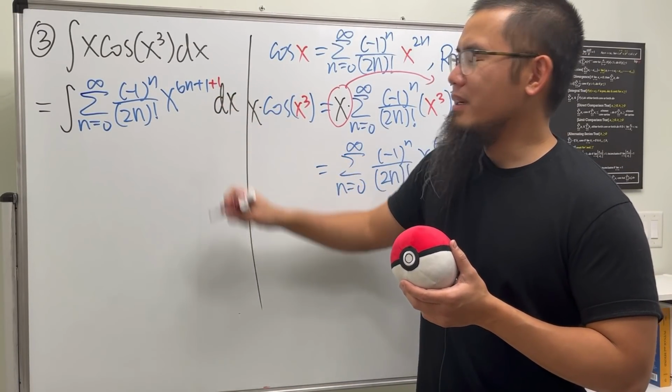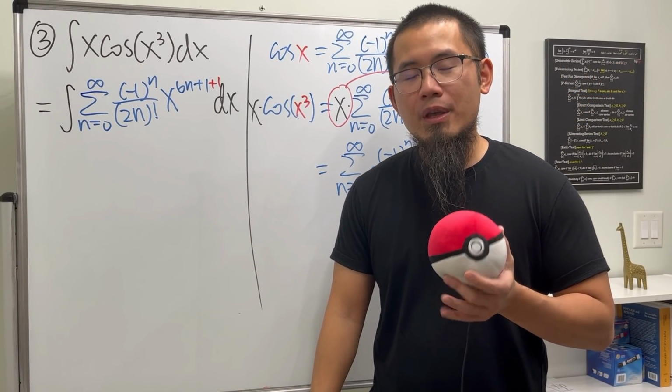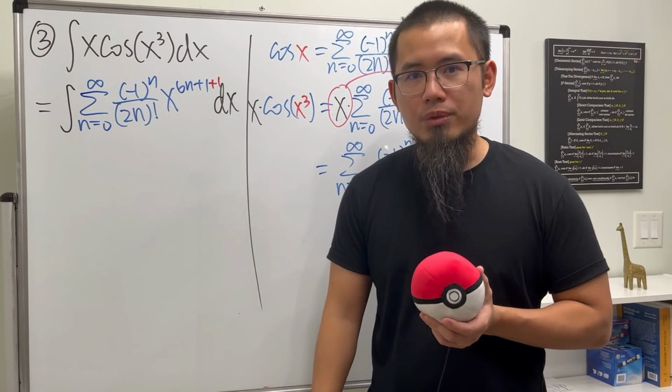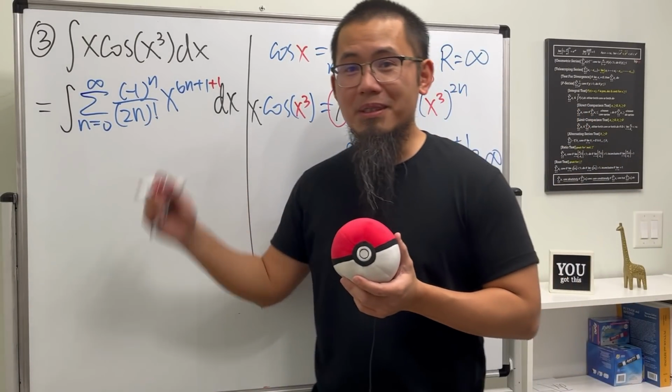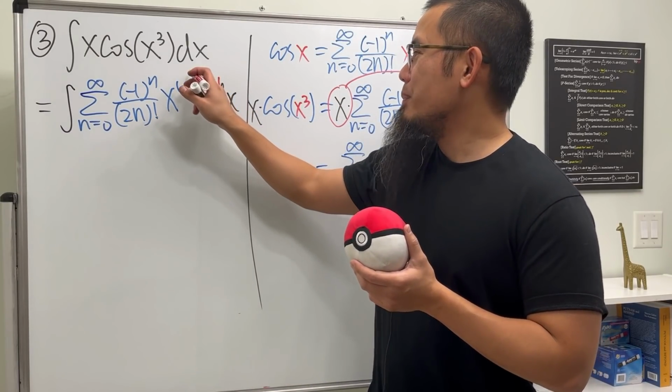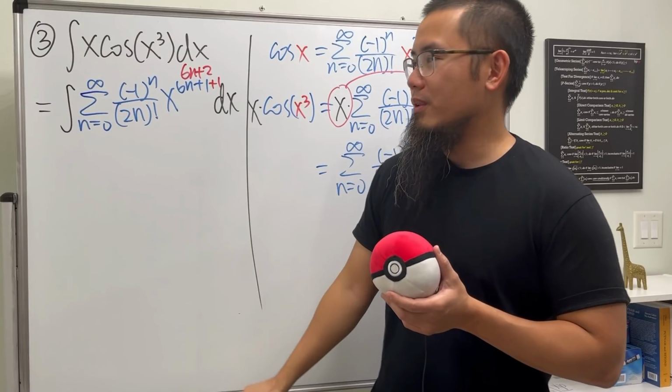Add 1 to the power. Remember back in Calc 1, you guys all had that dream: can I just always use the power rule? Here's the time. Anyway, the new power is 6n plus 2, and just don't forget to divide by that later on.